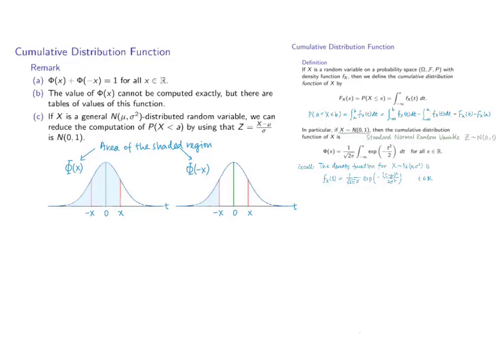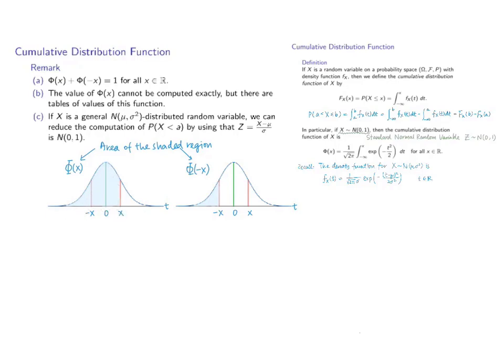From the formula of phi x, we notice that phi x represents the area of the region under the curve from t equals to negative infinity to t equals to x. So, it is the filled area from the left to the place where t equals to x.